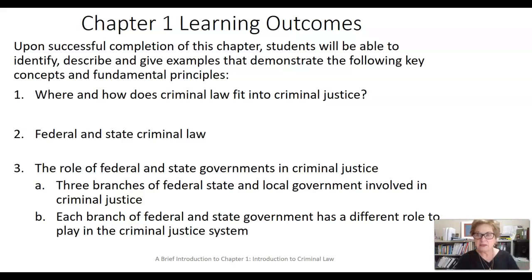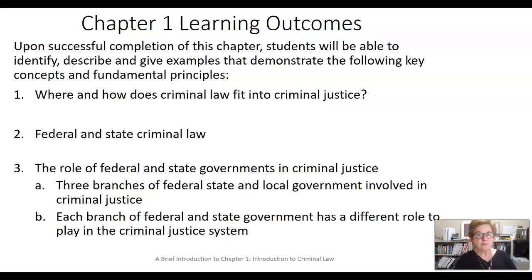Likewise, at the state level, anything that's a crime against the state in all 50 states, predominantly but not exclusively, is determined by the legislative branch of government. So in Massachusetts, our state legislature votes on whether or not to change the law to make something a crime, to describe what the elements are, what needs to be proven by the prosecution in order to get a conviction for that crime, and what the sentence can be, the maximum, the minimum, if any, that can be imposed under state law.